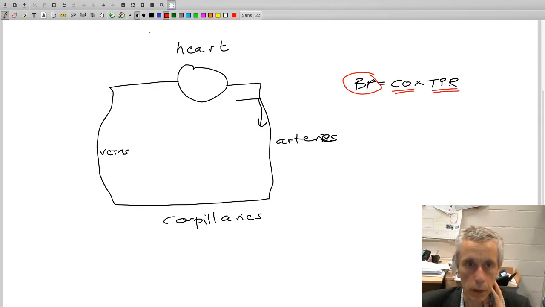Let's look at the first one of those, and we're going to add the central nervous system and the autonomic nervous system. So the autonomic nervous system, through adrenaline receptors, will increase the force and the rate of contraction.